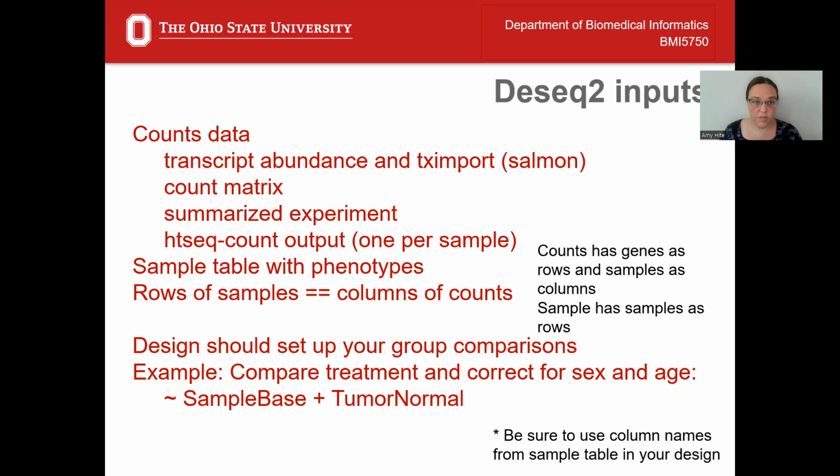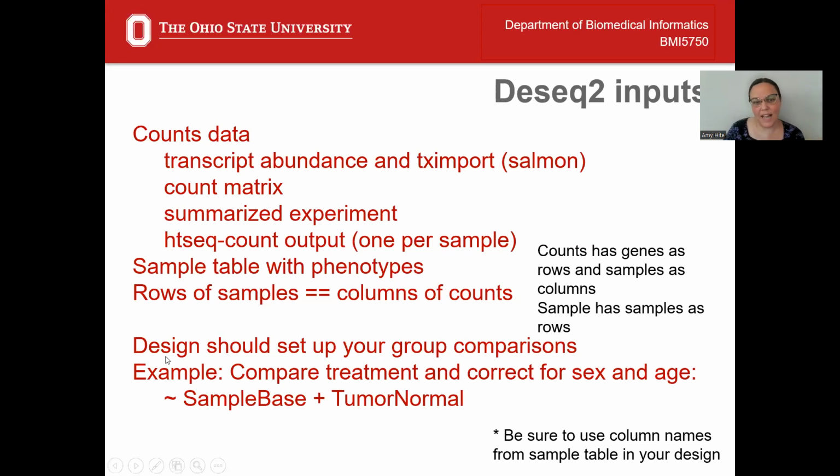And so they need to have exactly the same number of samples, exactly the same samples, and they need to be in the same order because DESeq is assuming that the rows of your samples equal the columns of your counts. And so I do a silly little merging and splitting to make sure we have the same sample set and they're in the same order.